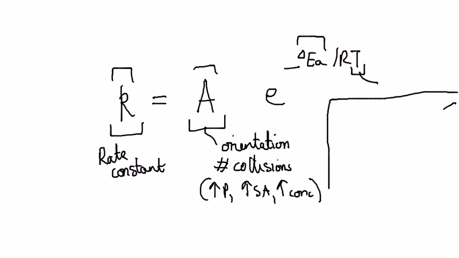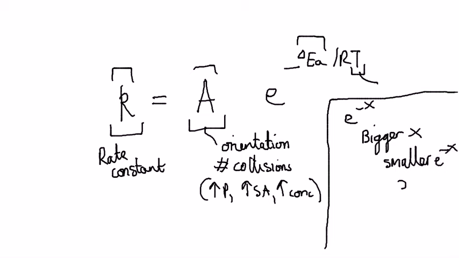And so, as I mentioned before, exponentials are a big topic in their own right. But what I'll tell you that's really important for this is that if you have e to the minus x, the bigger x is, the smaller e to the minus x is, and so k is smaller.